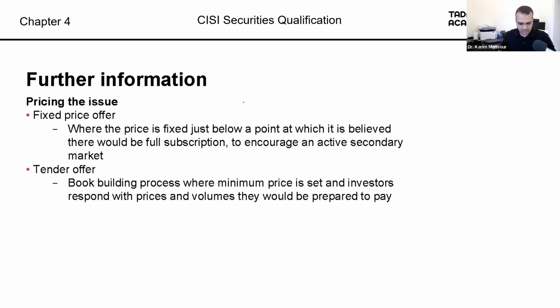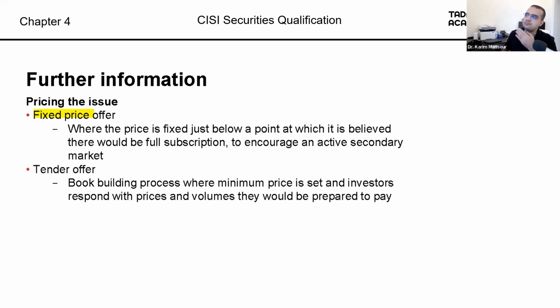So just a quick highlight. The company might price their offer of shares at a fixed price. So let's say during the roadshow, when they were doing the book building, it seems that investors are willing to buy the share at $20.